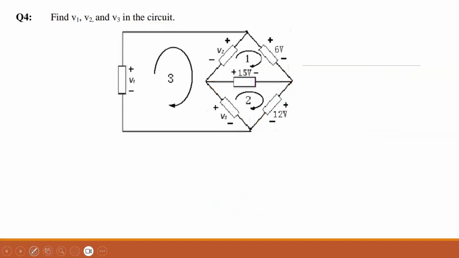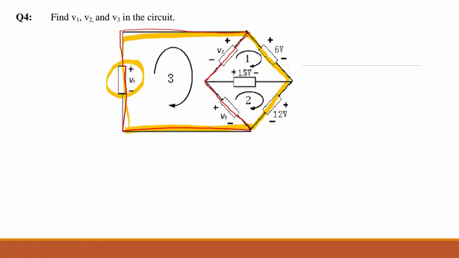For doing V1, you have many methods. There are many loops, many meshes. So you can start from here and go like this because you already know V2 and V3, or else you can go like this. It doesn't matter. Any closed path is fine. I think if you look at the yellow path, the only unknown is V1.